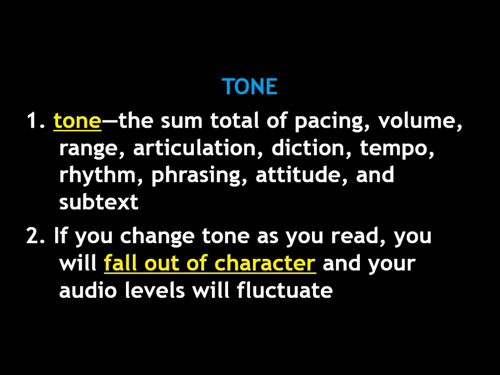So you want to be very careful about when you make decisions about how you're going to say something relative to what you're saying in the rest of the script, relative to the rest of the copy, if there's other characters and other things that are going on. Make those choices, commit to them, do them consistently, and make sure that the decisions you make are appropriate to the overall vision for what is happening in that piece.